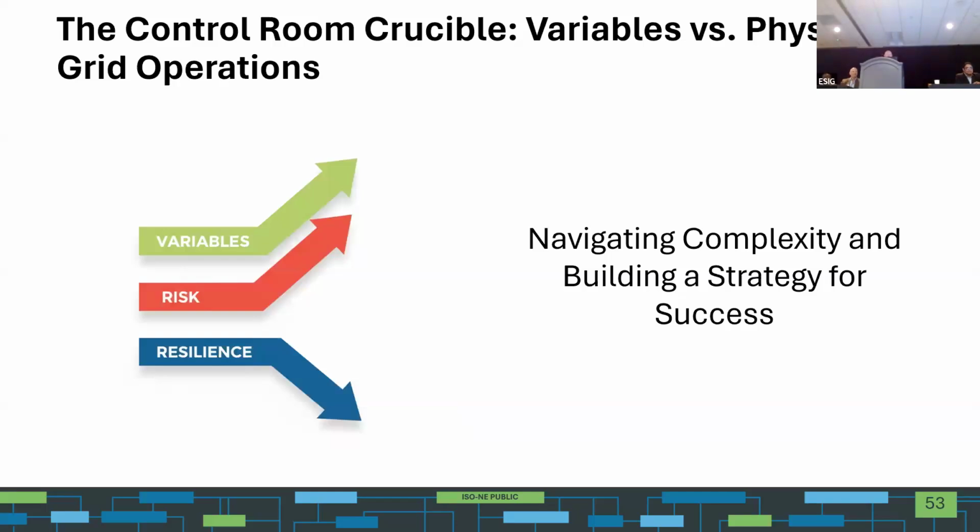So what we see today is a drastic increase in variables that are demanding our attention and impacting our operations. And along with those variables, we see the risk increasing and our resilience and our ability to adapt to these changes decreasing as we move forward.